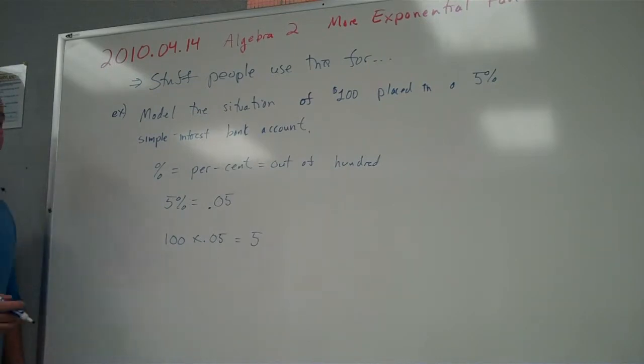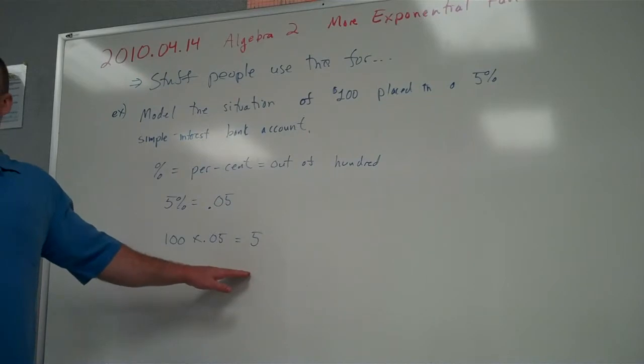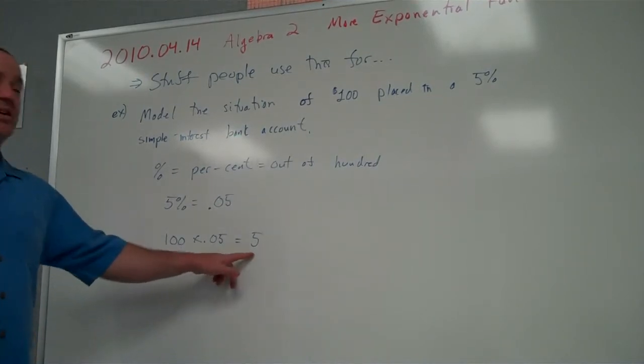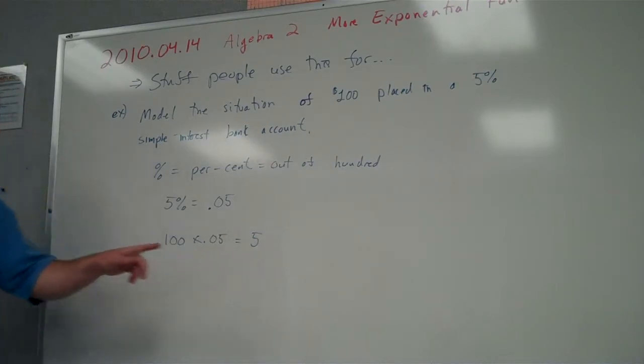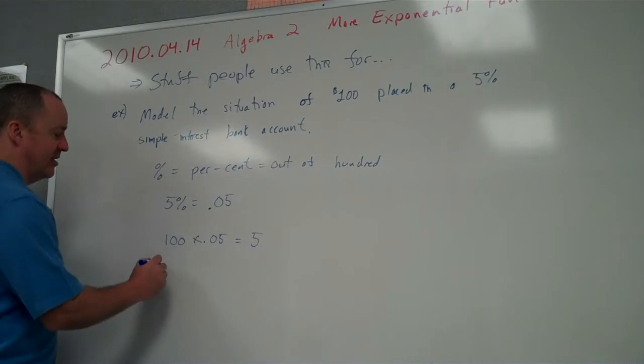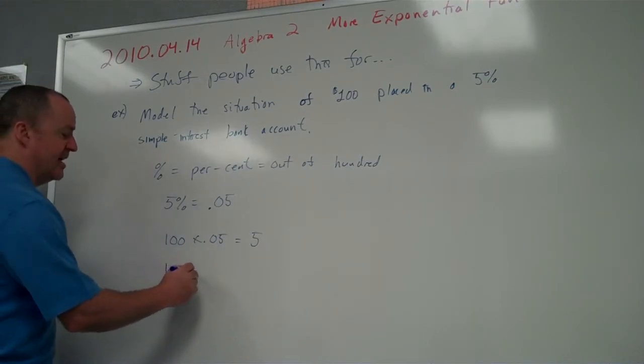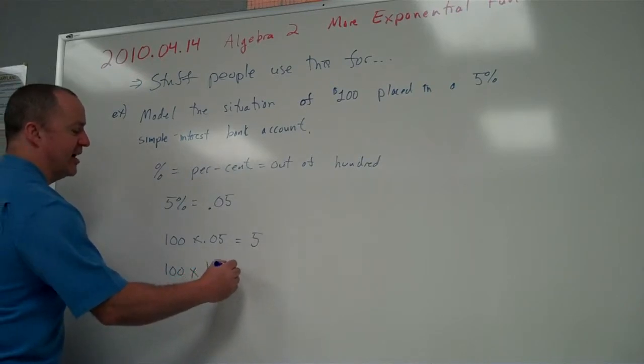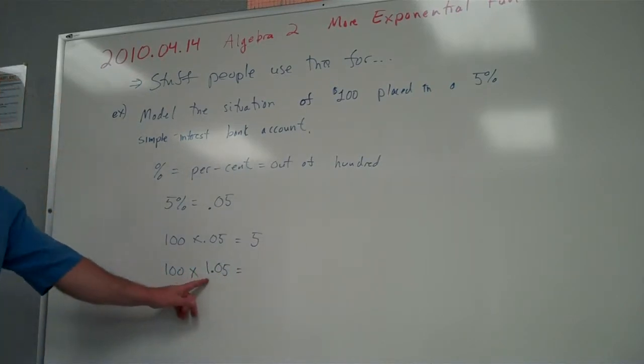All right, now here's what I want my mathematical expression to say instead. I don't want to talk about the interest. I want to talk about the total money in the account. So here's a trick for you. You might just have to accept this trick, and we might spend some time reviewing it later. If I multiply 100 times 1.05, what is 100 times 1? 100.